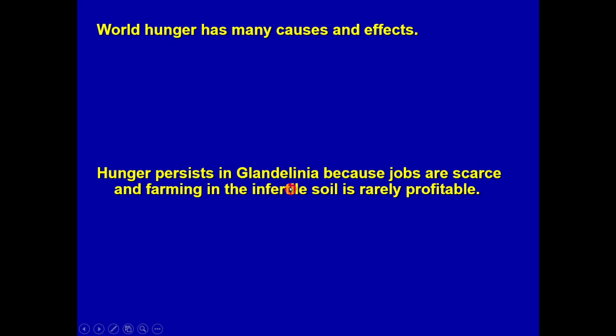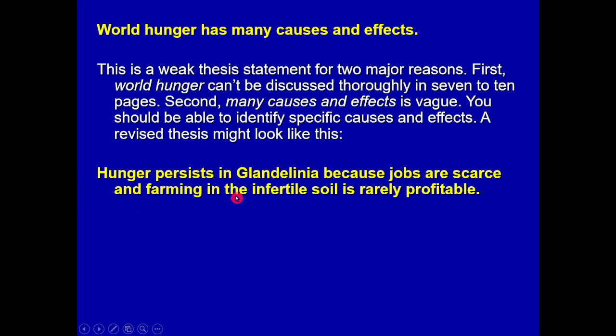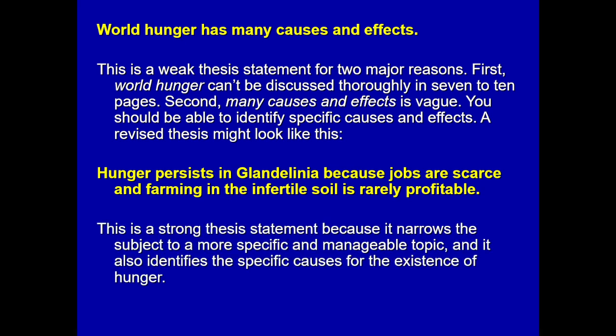That is weak. Instead: hunger persists in Ireland because scale and farming in fertile soil is really productive. So here you have to give a specific example as evidence. So a strong statement has evidence. This is the explanation about the thesis statement.